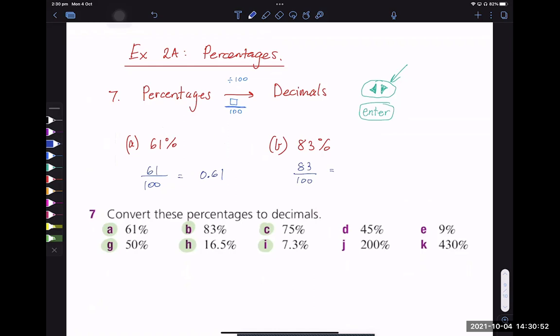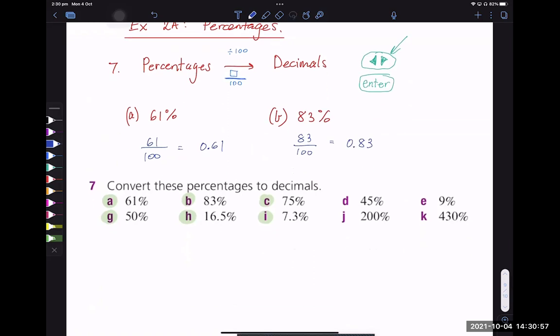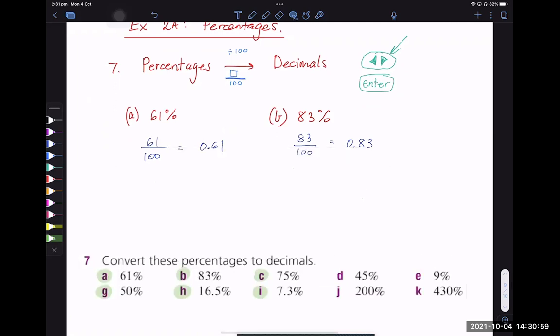This one's going to be 0.83. Right. So, what does that mean about the decimal place? What can we say about decimal places?